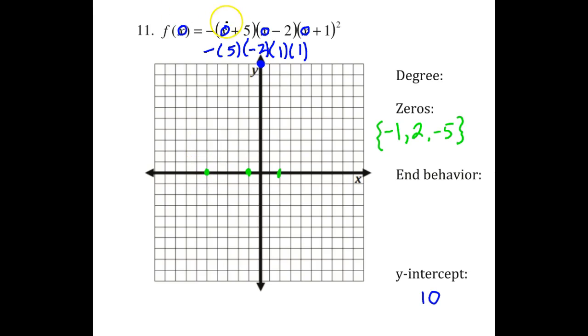In general, we have a 1, 2, 3, 4, 4th degree polynomial. It does have a negative in front, so it's going to resemble y equals -x to the 4th. Look at your notes, you can see that shape looks something like this, with both ends finishing at -infinity.